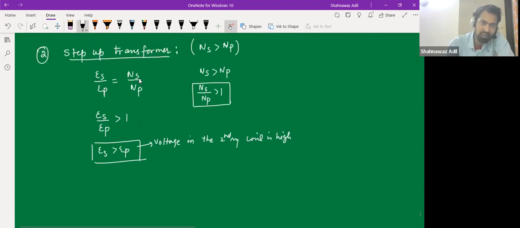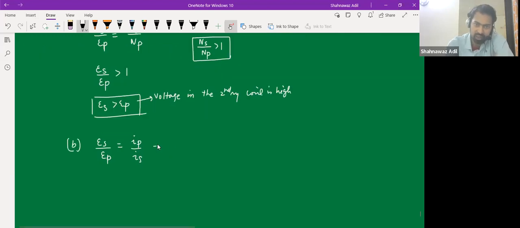And similarly, when we look at the current, IP by IS is equal to ES by EP, and ES by EP is greater than 1.